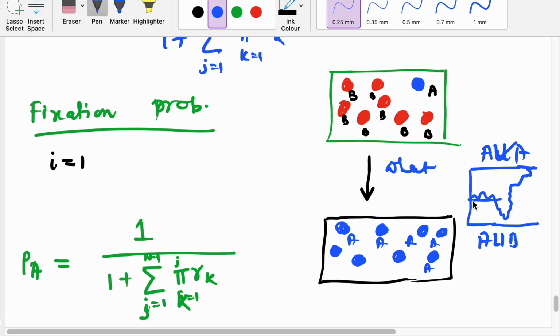The number of A type individuals will sometimes increase, sometimes decrease, and at the end of the day it may go toward this boundary or toward that boundary. Is it clear?